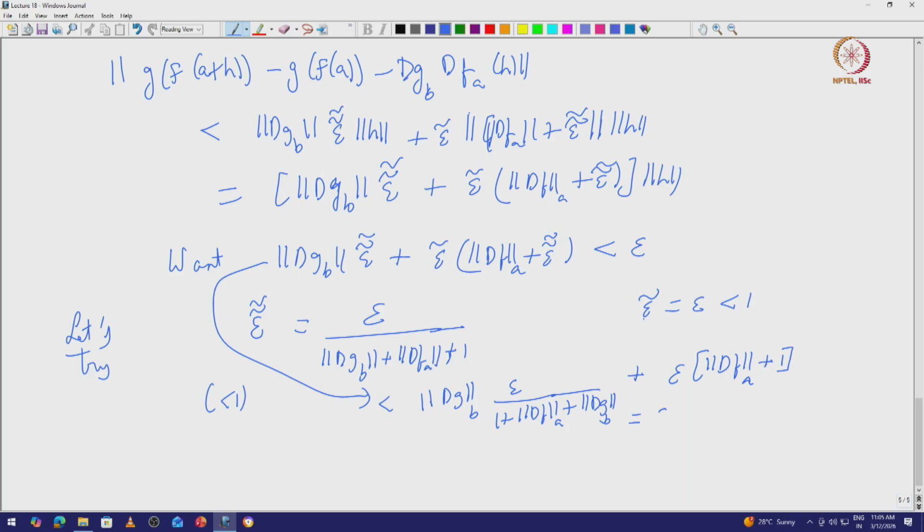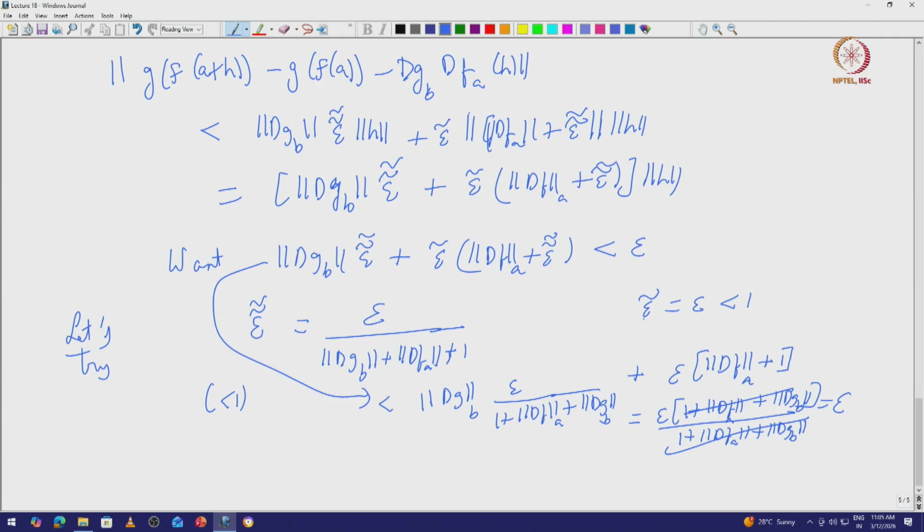So this is epsilon times 1 plus norm dfa plus norm dgb divided by 1 plus norm dfa plus norm dgb. So these two cancel out and this is equal to epsilon.